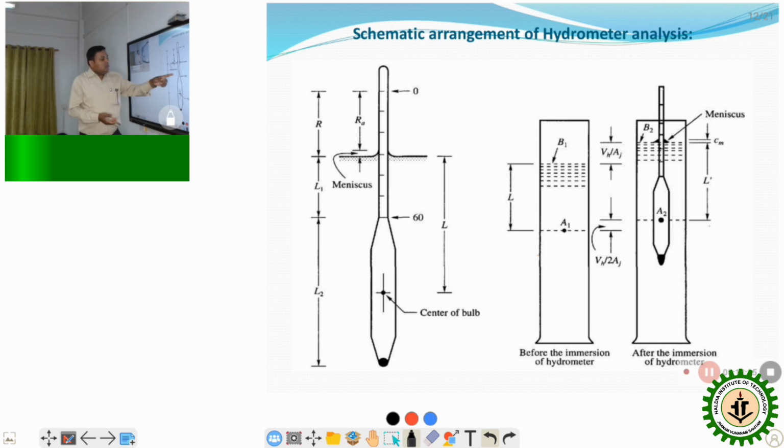So in the bottom portion of the measuring cylinder, the concentration will be more, and in the upper part of the measuring cylinder, the concentration will be light. So when time elapses, particles will settle more, so obviously the hydrometer also will immerse more. So it will give you the hydrometer reading. Now from this reading, we have to go for the further calculations.